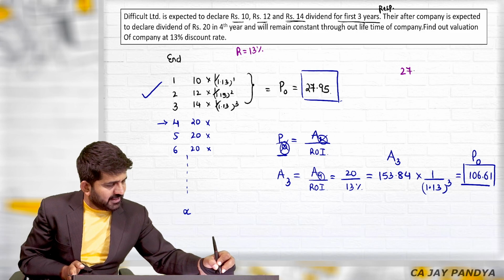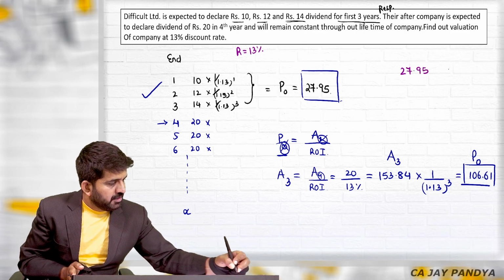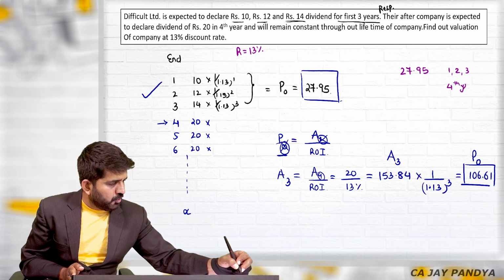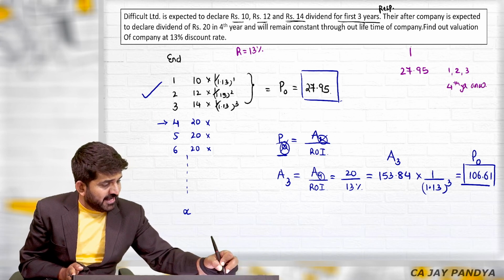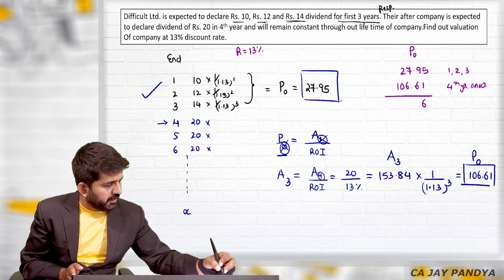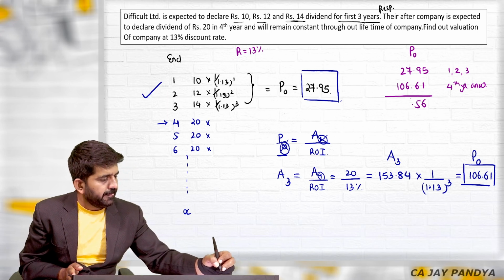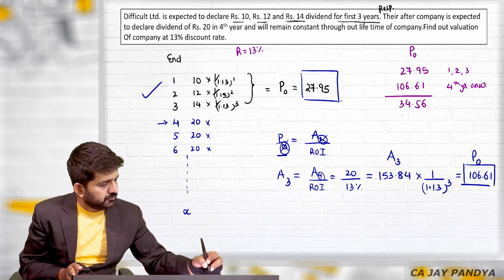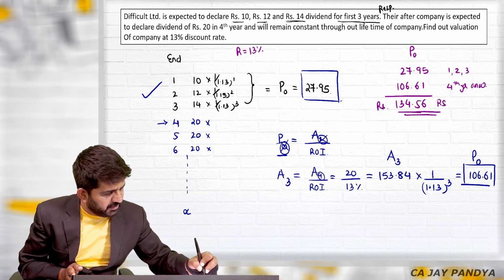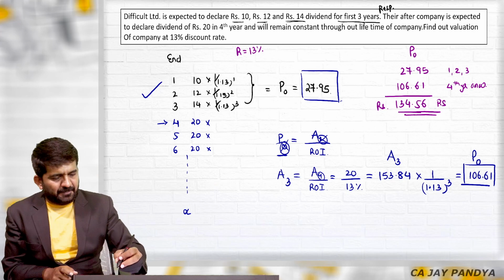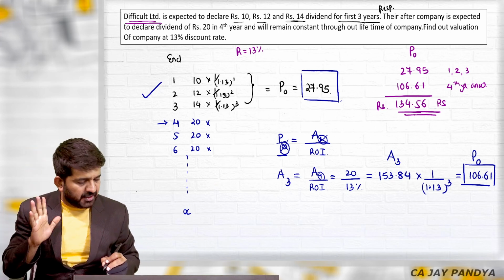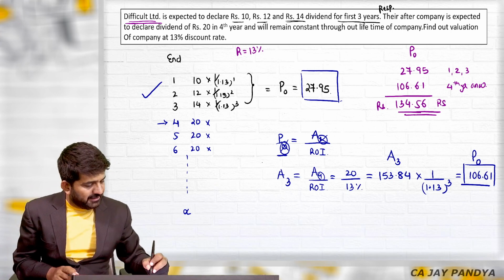It will be 27.95, the value for the first, second and third year, plus 106.61, the present value from the fourth year onwards, which is 134.56 rupees. This is the maximum price I am ready to pay for this particular company, which is Difficult Limited. This is excellent.